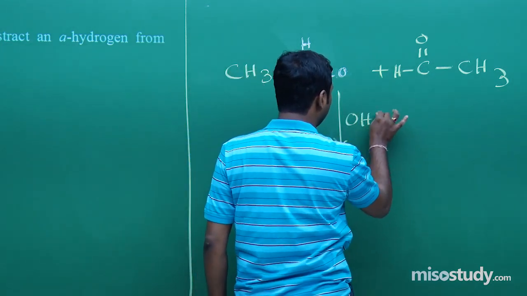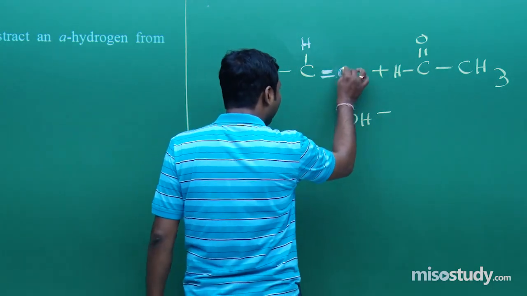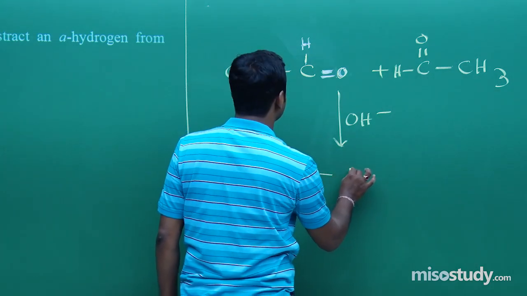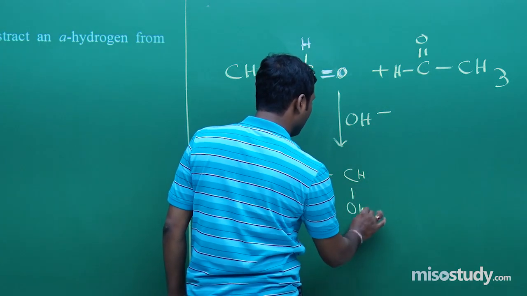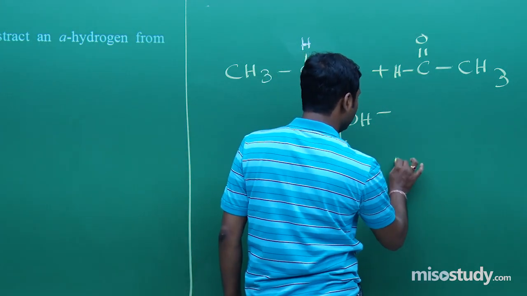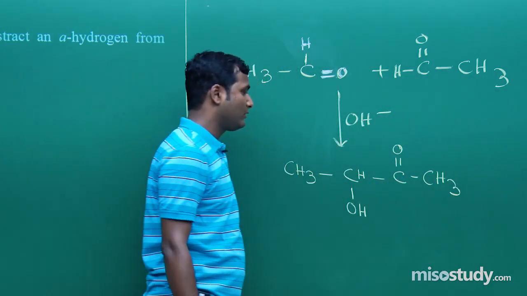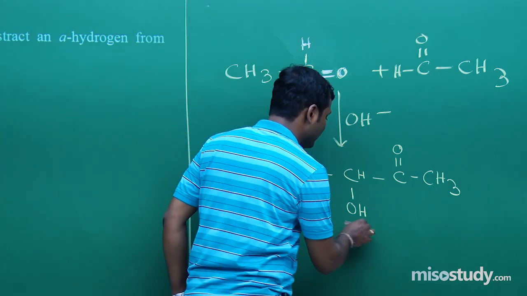When treated with base or acid, they combine and form this, with OH on the carbon. Clear to you? This is known as aldol condensation.